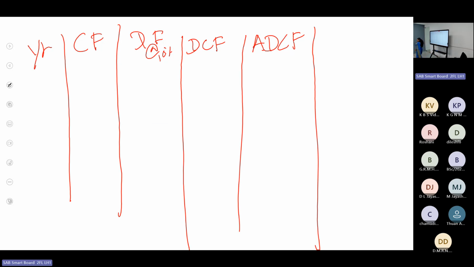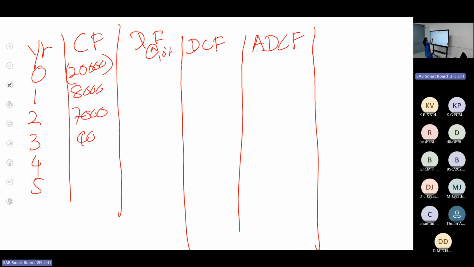How many years? 5 years. Cash flows: initial year 20,000. Then cash inflows 8,000, 7,000, 4,000, 8,000, 4,000.